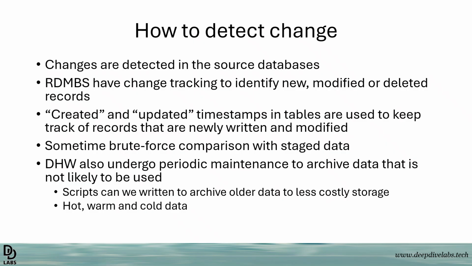Because your data warehouse is a collection of your current data and historical data, and remember, in a data warehouse we are also creating a lot of aggregate data, your snapshot tables, your accumulated snapshot tables, all of this, right? It is going to get eventually pretty heavy. So it's important to archive your data which may not be as current, because think of your data warehouse as a long-running project. Scripts can be written to archive older data to less costly storage, especially if you are deploying it on the cloud.